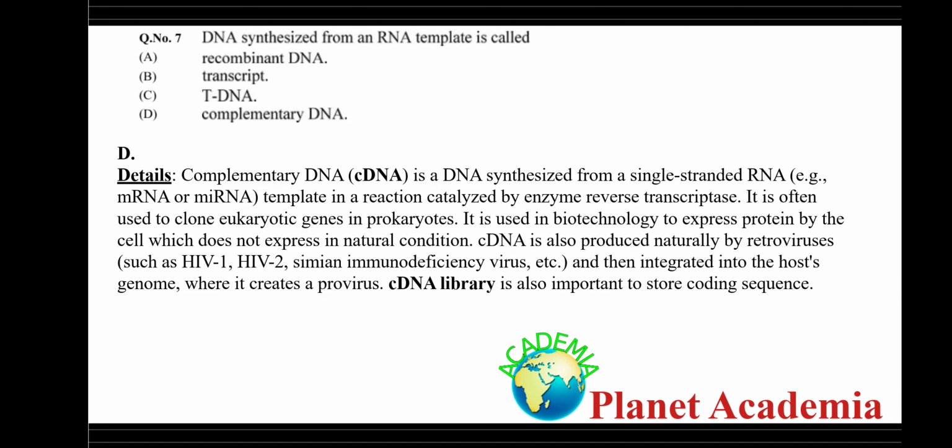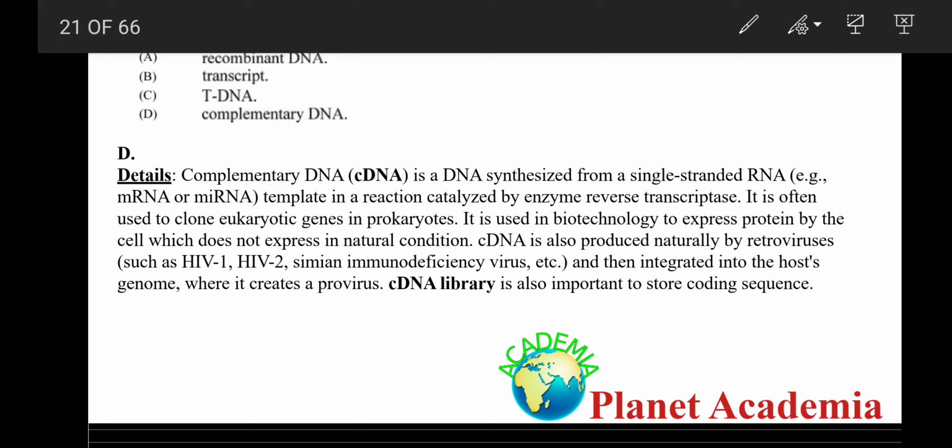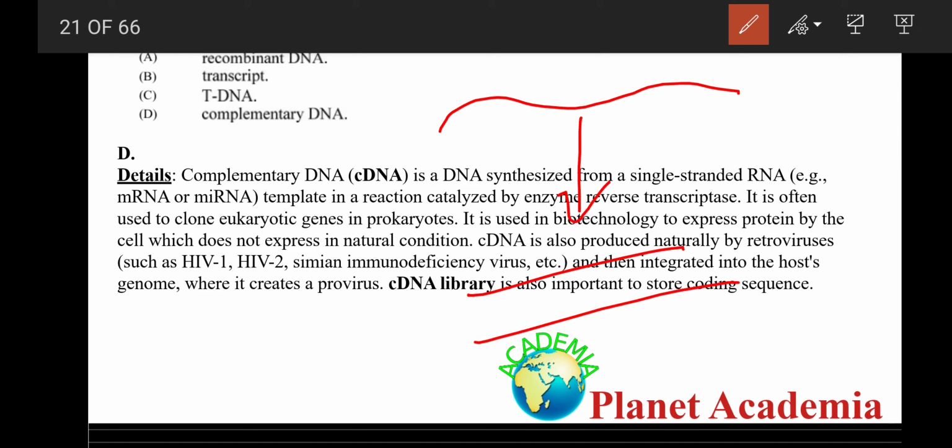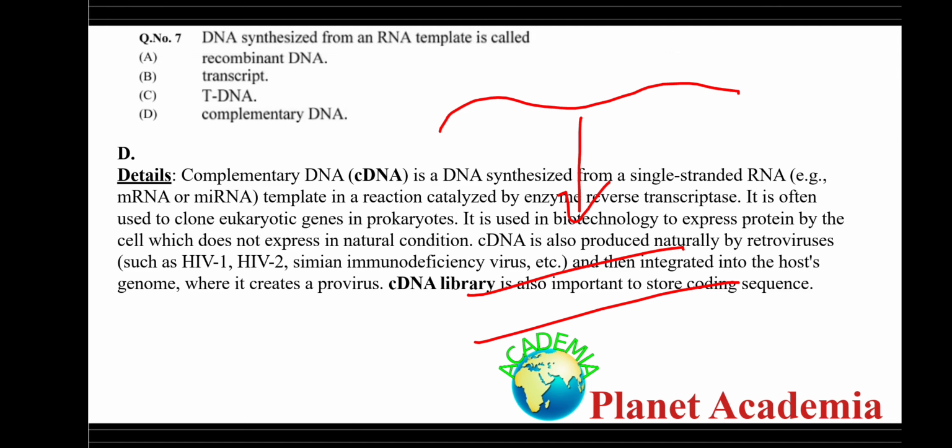Now the seventh part: DNA synthesized from an RNA template is called. Remember reverse transcription, RNA to DNA, but you will not see the option containing reverse transcription. The first option is recombinant DNA. Do you remember what recombinant DNA is?